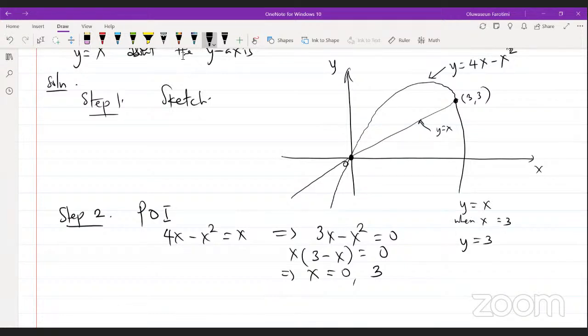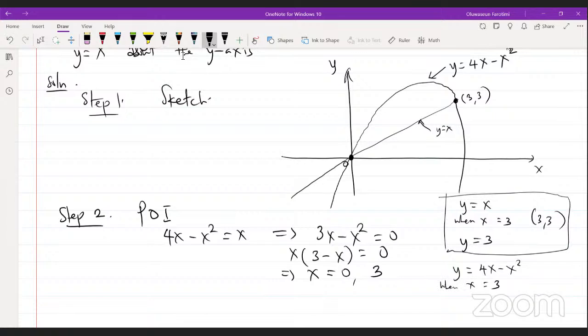In coordinate form, that's 3, 3. If you use the second equation, it's the same thing: when x is 3, y equals 12 minus 9, which is still 3. Whichever way you go, you get the same point.